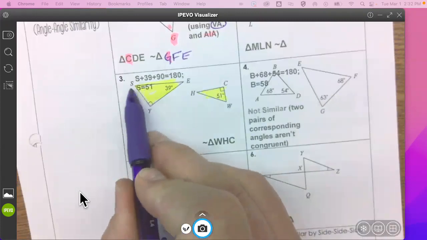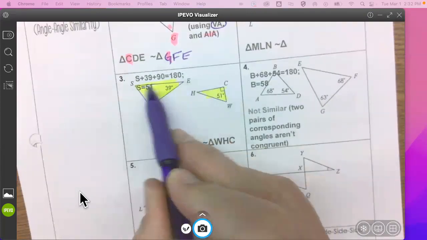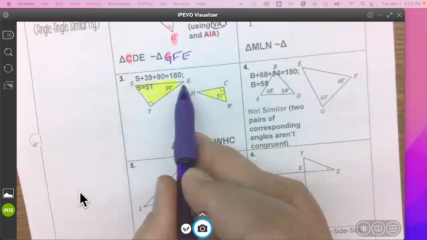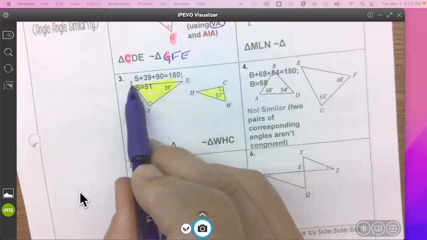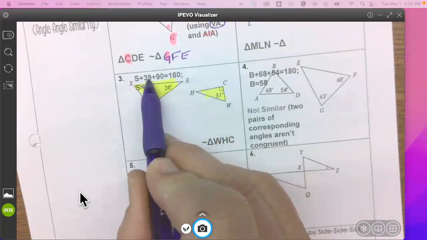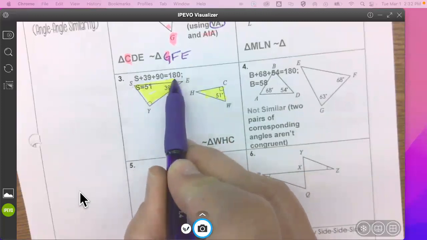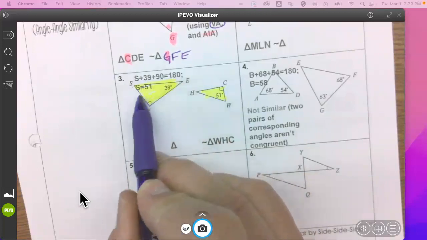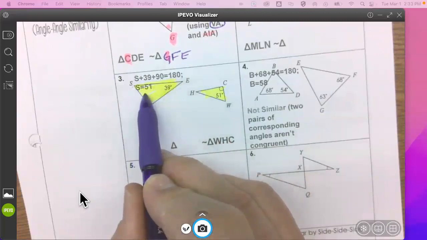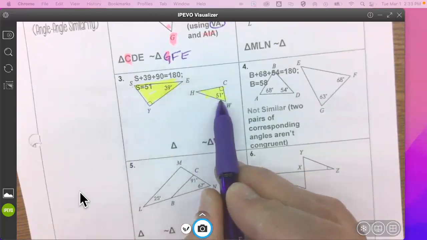If I take this angle S and this angle E and this angle Y, what do they all add up to? 180. So if I take S and 39 degrees and 90 degrees, those should add up to 180. And if I subtract 39 and 90, what I get is that S is equal to 51 degrees. And this is 51 degrees.